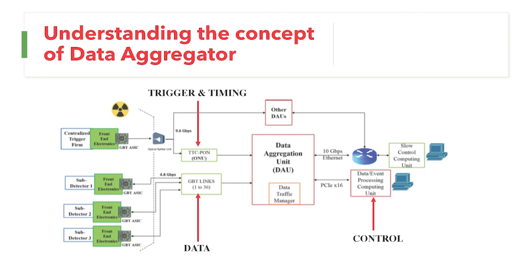What it does is capture the timing and trigger information from the high energy physics experiment. Then, as I mentioned in the previous slide, the asynchronous link in high energy physics is called GBT. Here the data are captured at 4.8 Gbps, coming from multiple detectors in the experiment. All these data are grouped together, or aggregated, in the data aggregation unit.